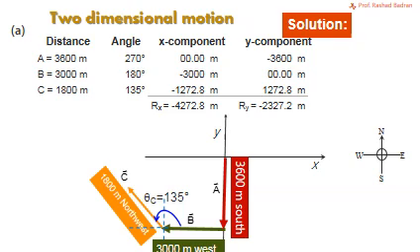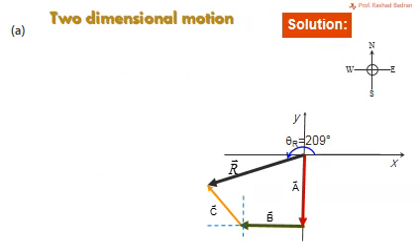Now we end up with an x component with a negative sign, that is, west, of 4,272.8 meters. The diagram shows the successive displacements as head-to-tail vectors adding together, and we have to find the resultant R of these displacements, which represents the total displacement.